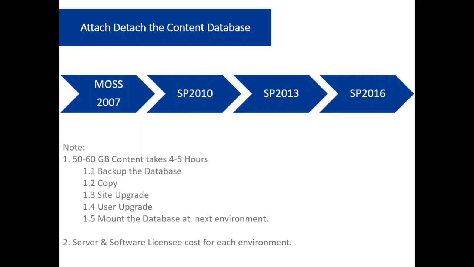If MOSS 2007 uses classic mode, move to claims-based, mounting the database in the next environment. It takes approximately 4 to 5 hours to move from one environment to another. The major limitation is that the business needs to provide the licensing and the cost for all the servers in the environment.